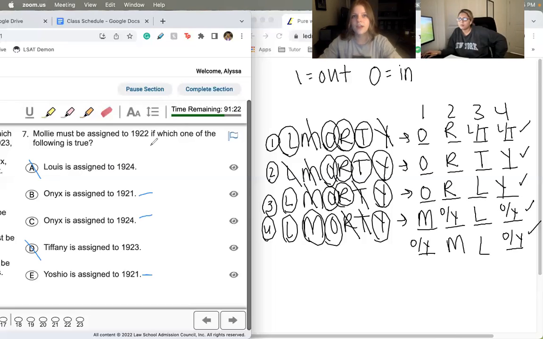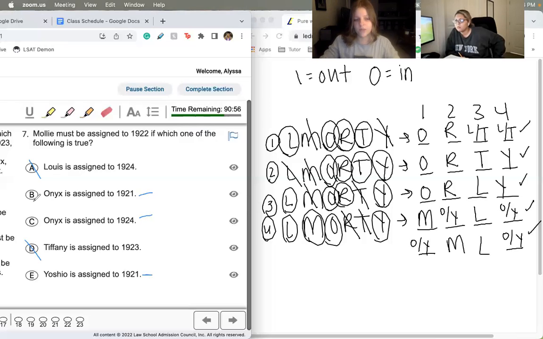So rather than a typical must be true, where it's usually if this variable is in this place, what must be true, this one is taking a different approach and saying M has to be in 2 if which one of the following is true. So let's look through our answer choices and see, does that have to force M into my second place? That's kind of what we're looking for.